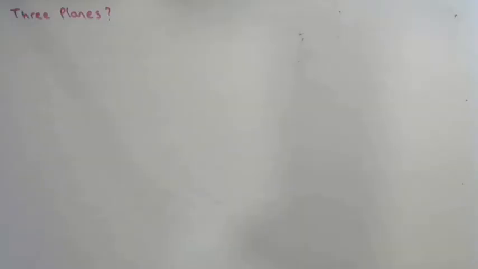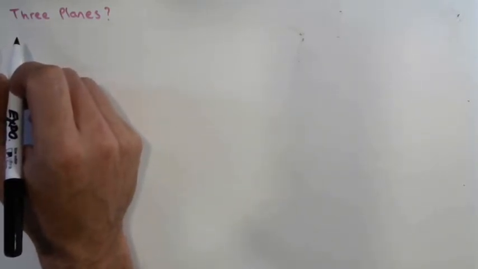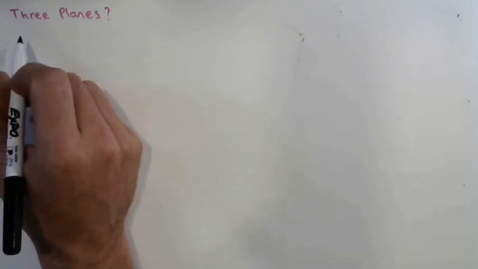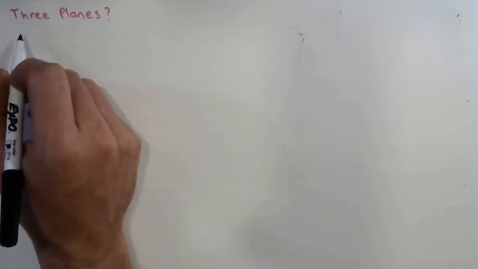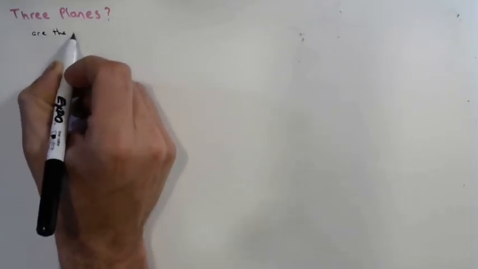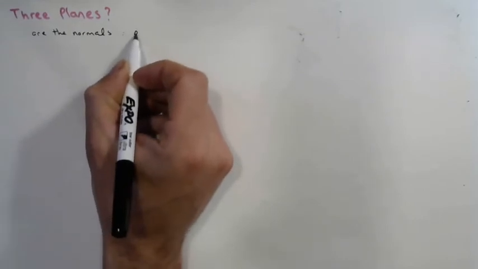So when we get into our examples, a couple of the tools that we need is we're going to be talking about the normals, because that's going to be a defining factor for how the planes interact with one another. So we're going to be seeing if normals are parallel. Okay, are the normals parallel?